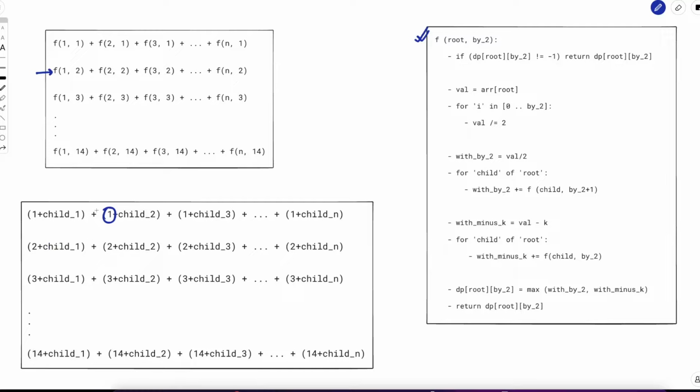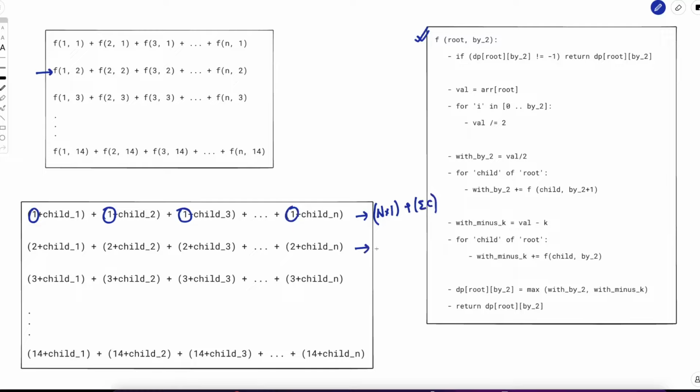Now if you look at this first one itself, just take out this first one completely. So if you take out this first one, this will be n into 1, right? So that's fine, plus summation of children, right?